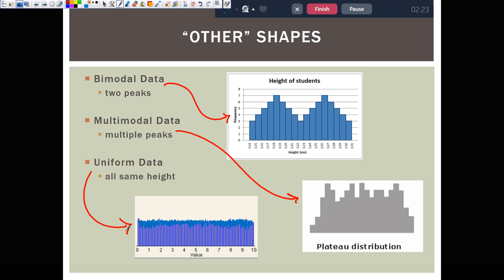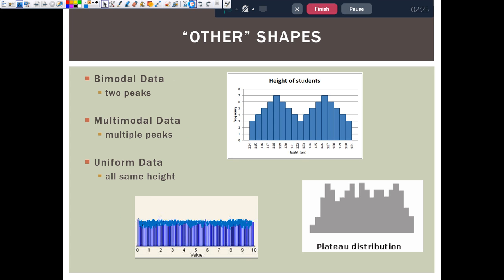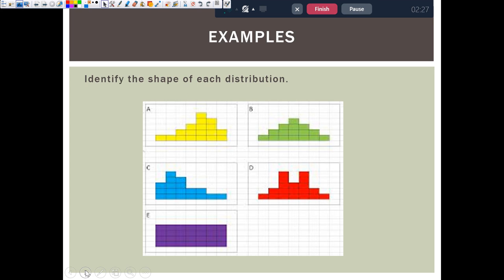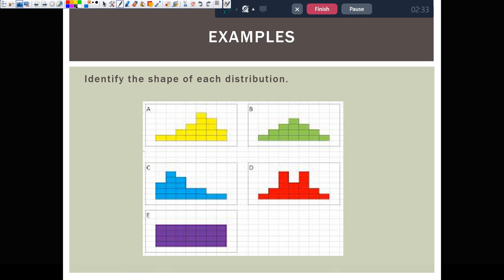So let's look at some examples to identify. Okay, identify the shape of each distribution. So figure A, we think it is negatively skewed. How about B? Symmetric.